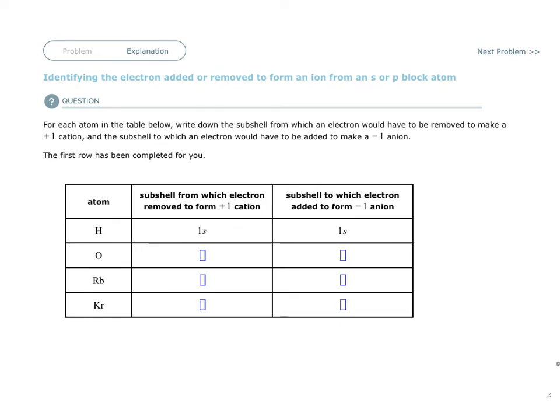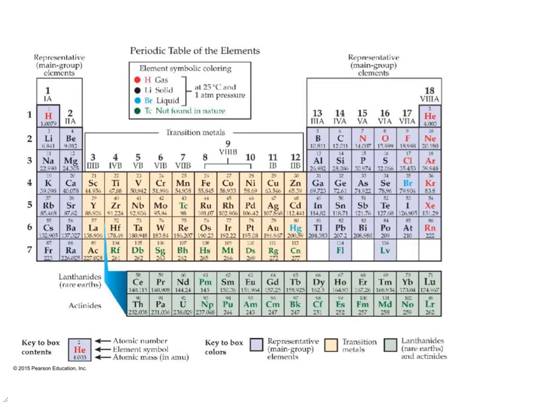All right, oxygen. Which subshell is it to take one away, and which subshell is it to add one? Oxygen is here. If it loses one, it's going to lose it from the 2p because it's living in the middle of the 2p.